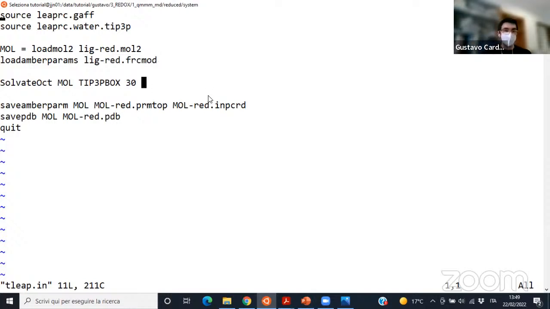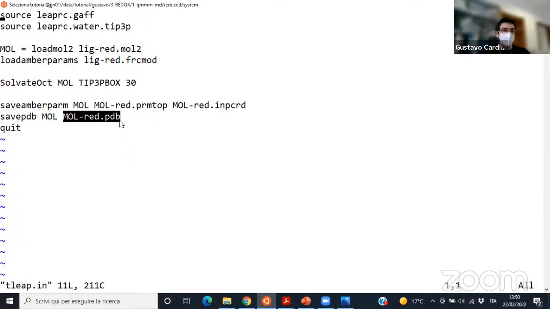We're going to generate again an octahedral box, and we have already seen the syntax of these commands. These are the two files that are going to be generated: topology and coordinates. We are also saving a PDB for the sake of completeness.